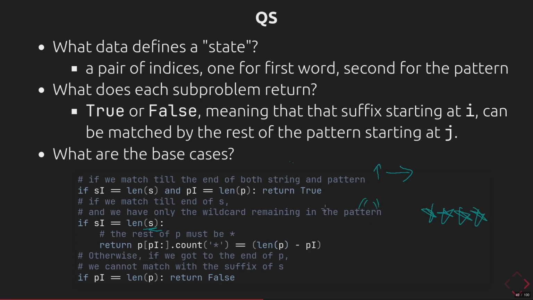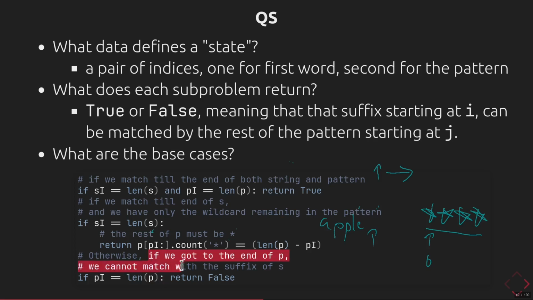So if you got to here in the subproblem, maybe it's like APPLE, right? And you're right here. And the subproblem has you start at index 0. Well, that's okay, because if the rest of the pattern is star, then you get to return true. So I put this as one of my base cases here.